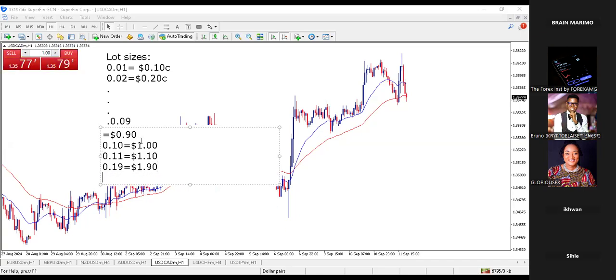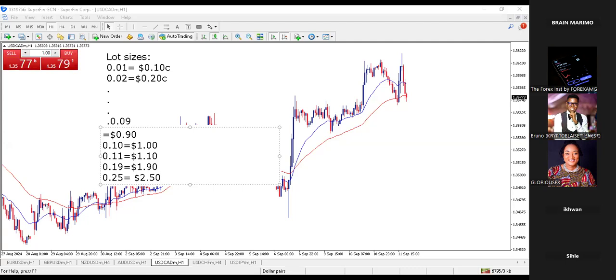Let's switch it up a bit. Let's say 0.25. That'll be $2.50 per pip, right? We're on the same page.